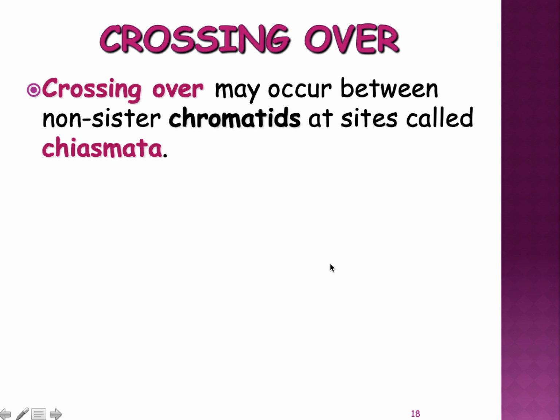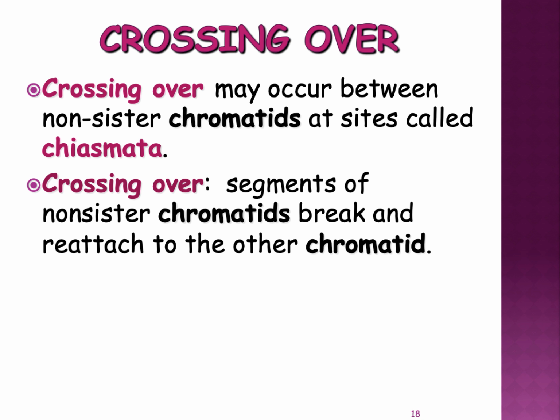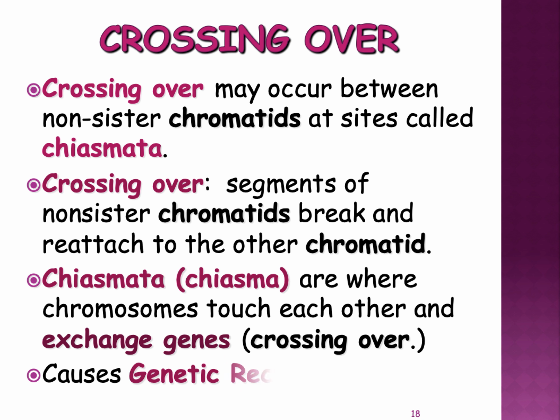Okay, crossing over is really important because it causes genetic recombination. That gets the diversity that we so need for the survival of most species. Crossing over can actually happen between non-sister chromatids, so those are our homologous chromosomes, at sites called chiasmata, or chiasma if it's just one.